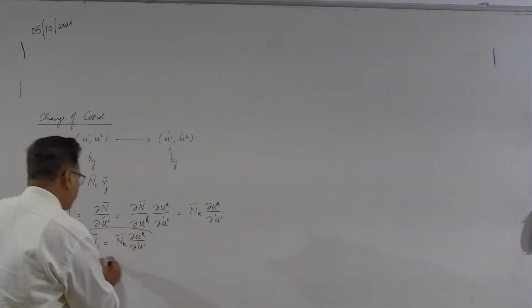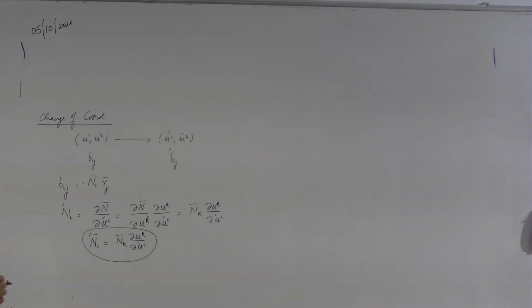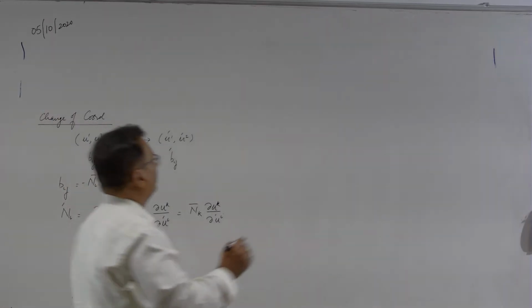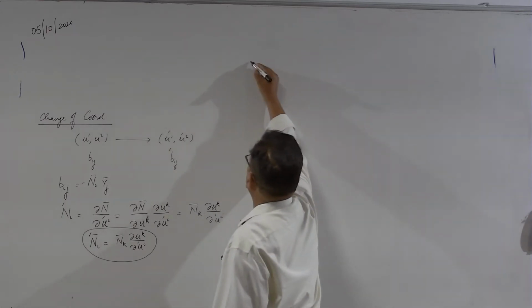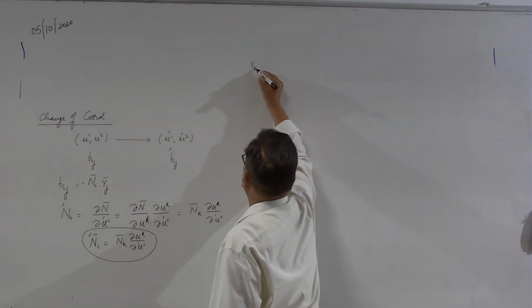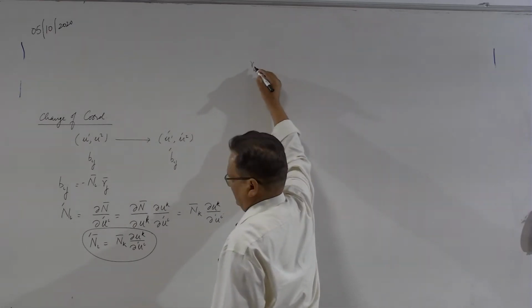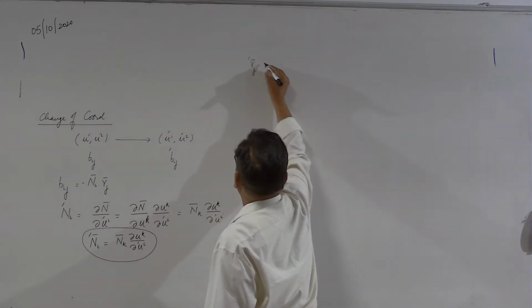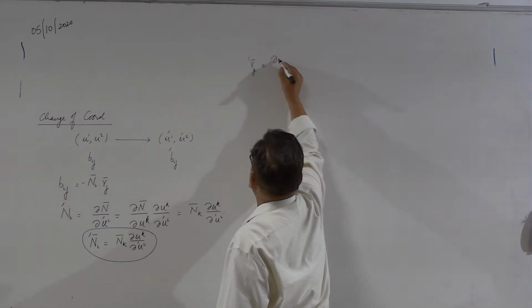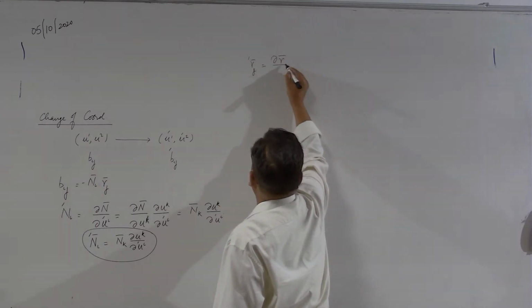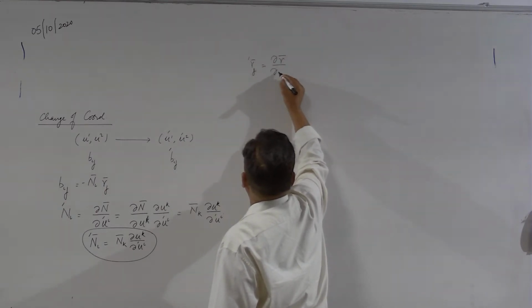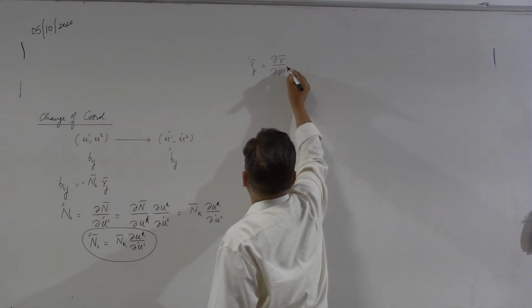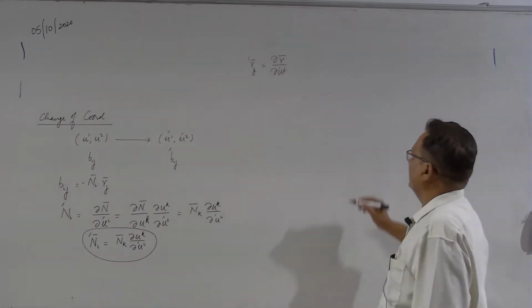Now, next I will see how r_j transforms. We already know the transformation of the basic tangent vector r dash j. By definition this is del r over del u_j dash.